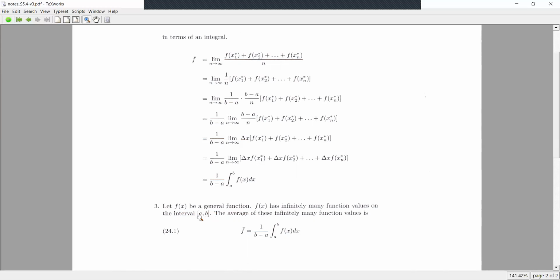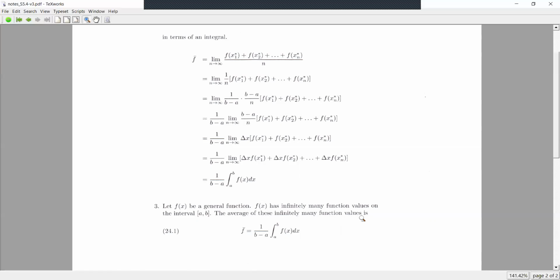Then over this interval AB, the function has infinitely many function values. Now the question is, what is the average of these infinitely many function values? Take an average of these infinitely many function values.